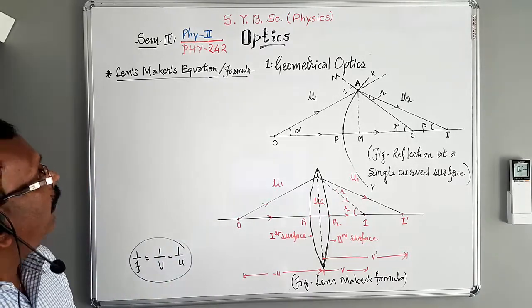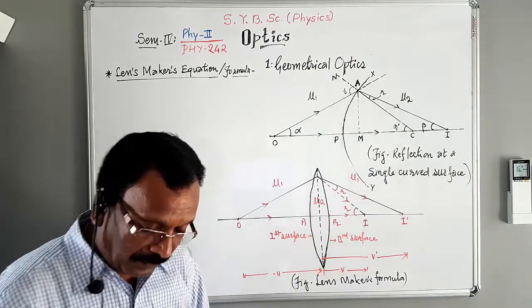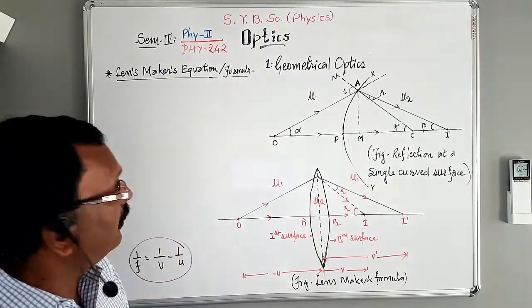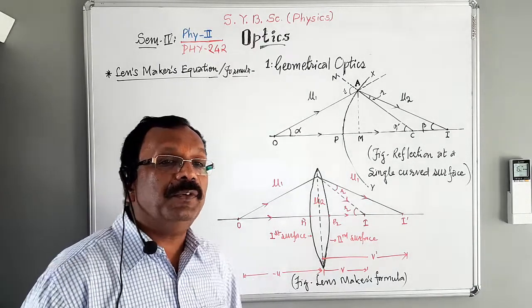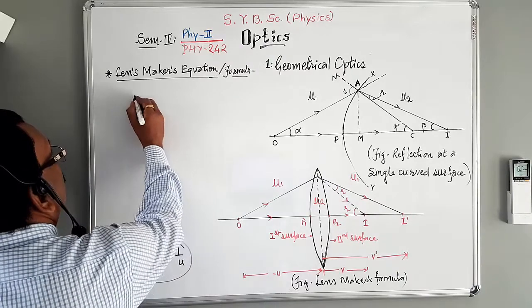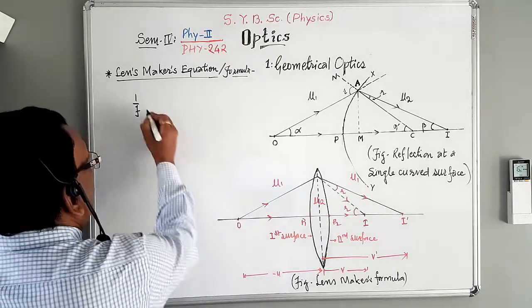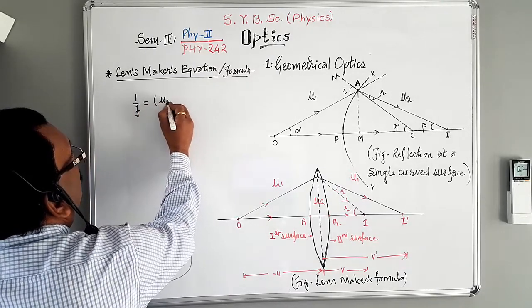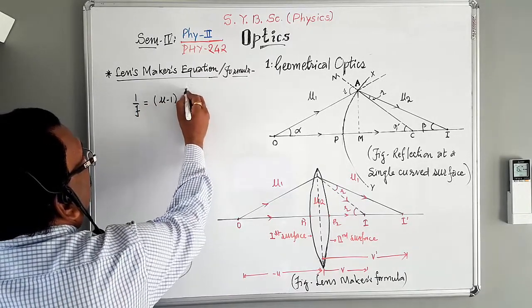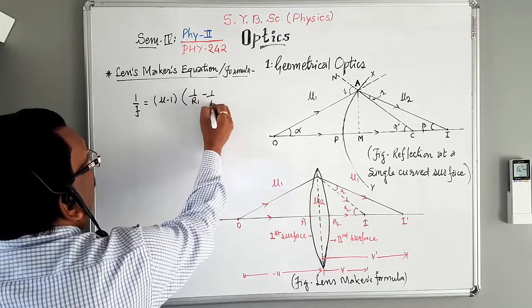And lens maker equation is another equation. Lens maker equation gives the relation between focal length, that is f: 1 upon f is equal to mu minus 1, in bracket 1 upon r1 minus 1 upon r2.